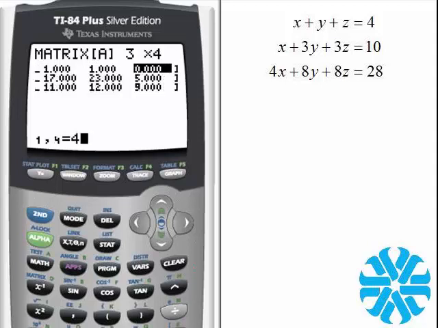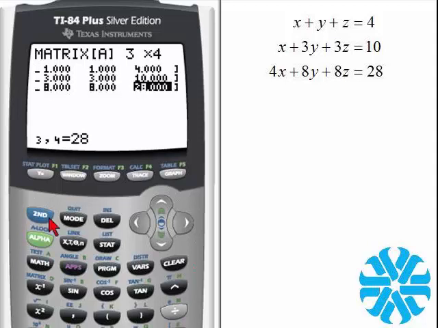And then 4, Enter. 1, Enter. 3, Enter. 3, Enter. 10, Enter. Then 4, 8, 8 again, and 28.